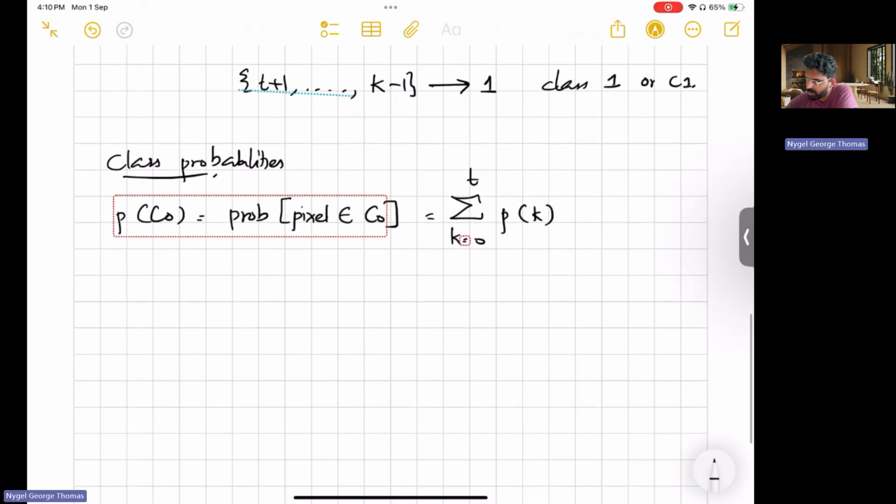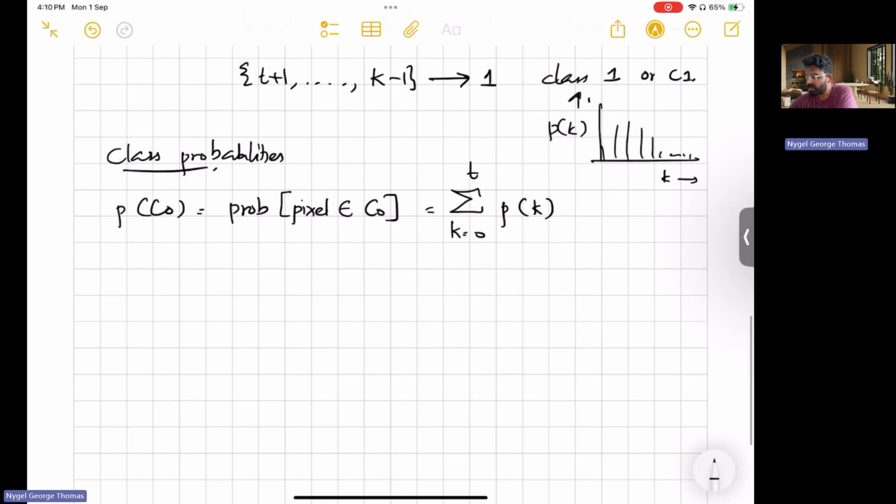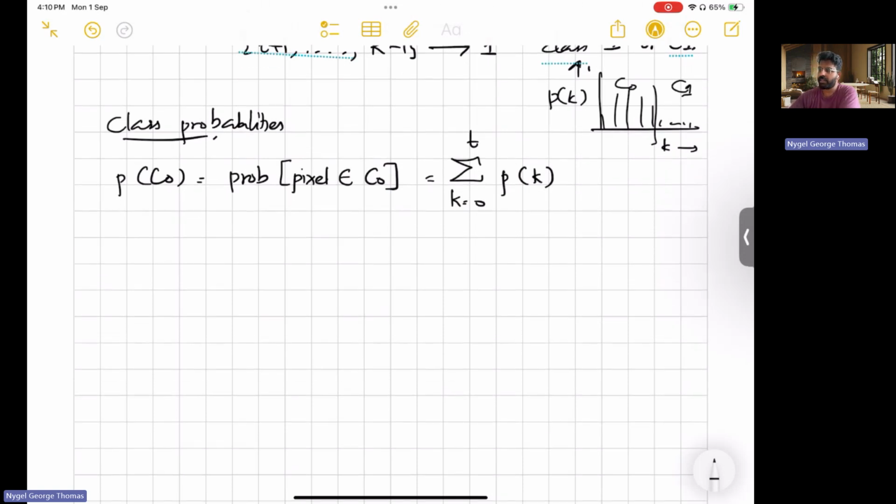We have a normalized histogram, p of k, and we have the k values here. If we know this, what is the probability that it belongs to a particular class C0? Here we have a C0 and we have a C1. You just add up the probabilities of all the cases where it belongs to class C0. We call this omega 0.